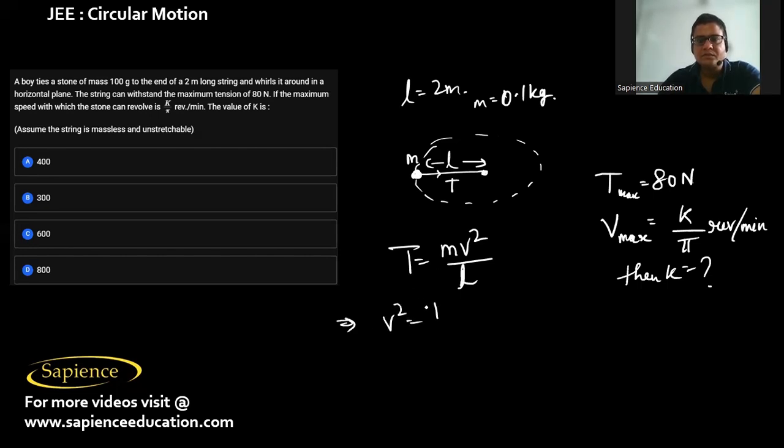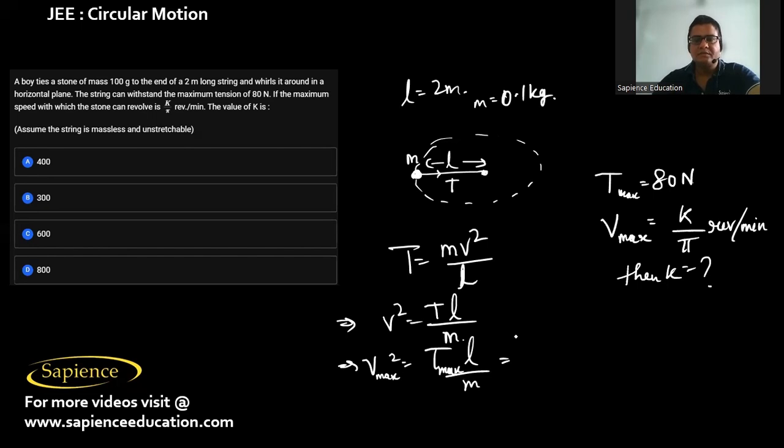So therefore V square will be equal to TL by M. So V maximum square will be equal to T max into L by M. T max will be equal to 80 into L, the length of the string, that is 2 meter, divided by the mass, that is 0.1.